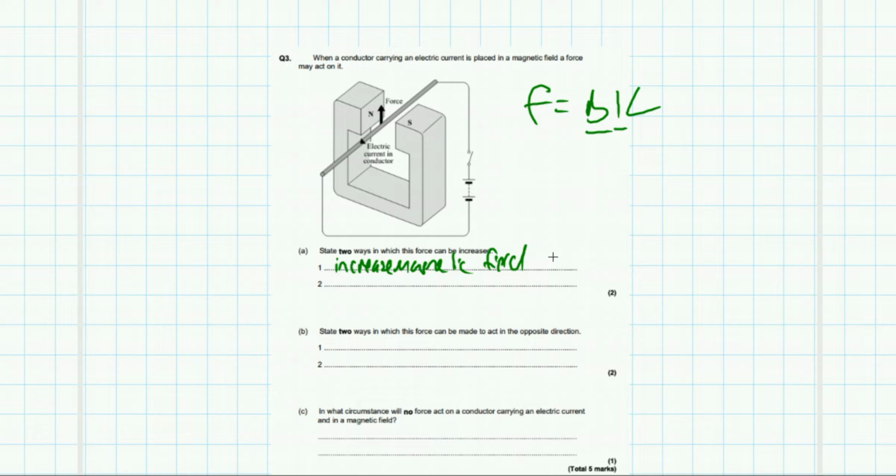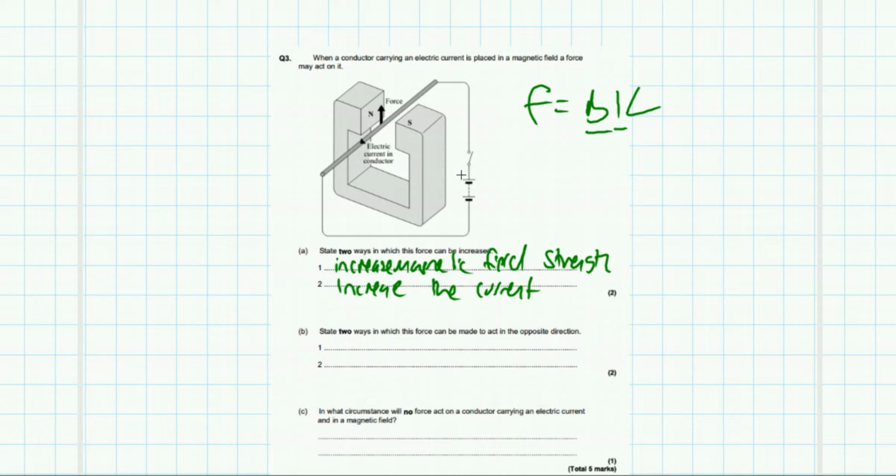Avoid saying something like stronger magnet, or bigger magnet, because a bigger magnet doesn't necessarily mean a stronger magnetic field. You just use the actual correct term. So increase the magnetic field strength is the perfect answer. And another one you could use is increase the current.